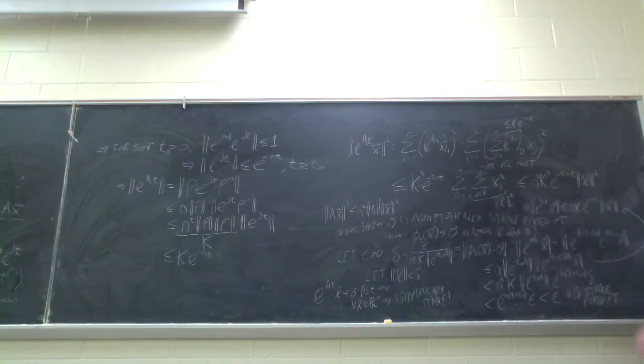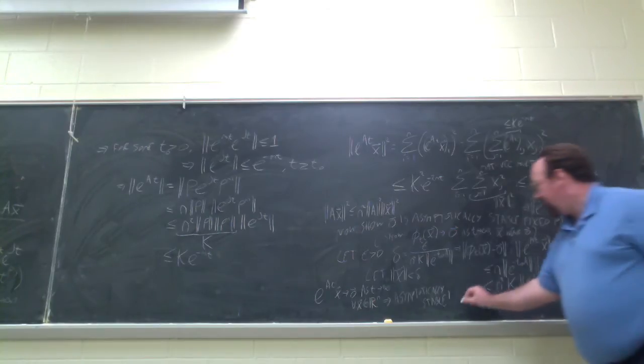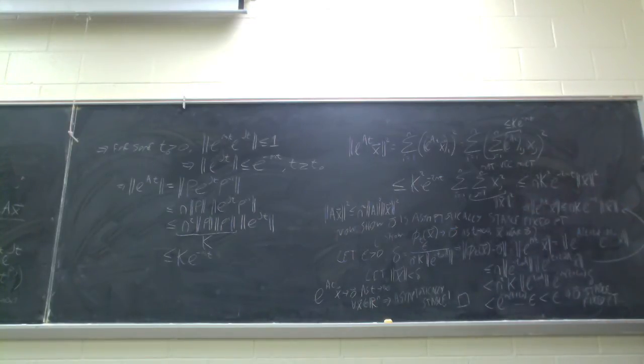Because in order to show asymptotic stability, we have to show regular stability first. So that's why I went through all this. And that completes this way too long proof about linear stability. So we have all negative eigenvalues, zero is an asymptotically stable fixed point.